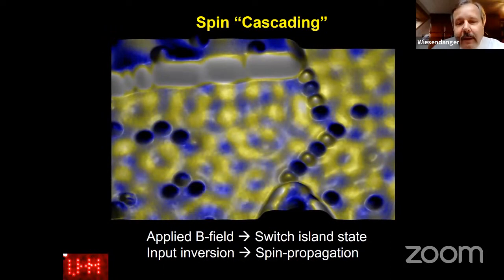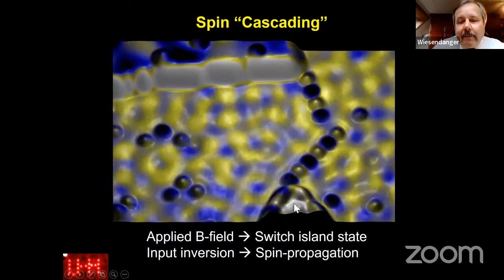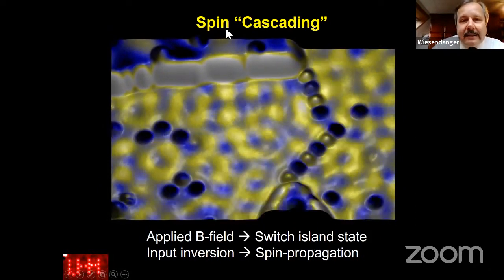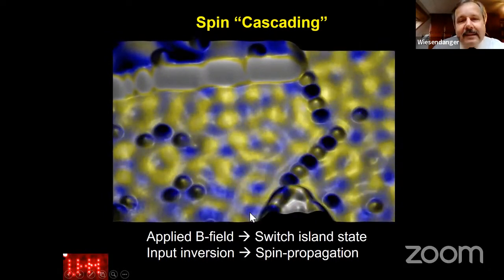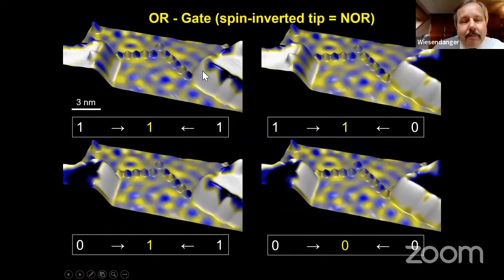And if you do so, you can see now periodically the switching, and you see how the spin information is basically now transmitted along this antiferromagnetically coupled spin chain. It's a kind of spin cascading effect, and you see how the state of that atom depends now on the state of these input gates.